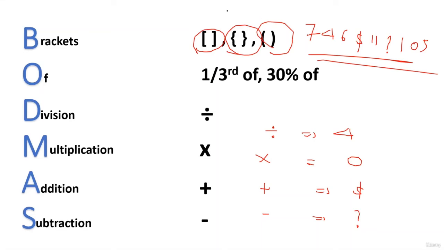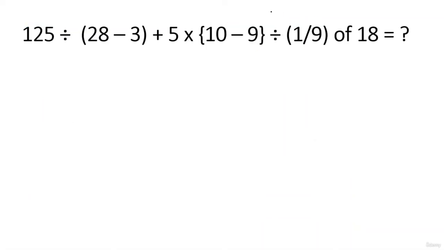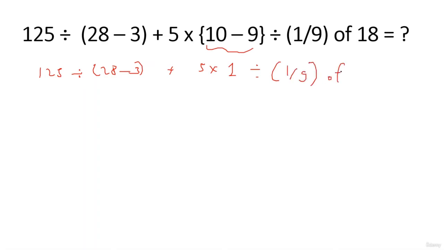तो सबसे पहले हम लोग क्या solve करते हैं, square brackets, then we solve the curly brackets, then we solve the round brackets. Now between the curly brackets and round brackets पहले हम ये part solve करेंगे. So in this part we'll basically replace this entire thing by 10 minus 9, which is 1. So now your question is 125 divided by 28 minus 3 plus 5 into this divide by 1 by 9 of 18.